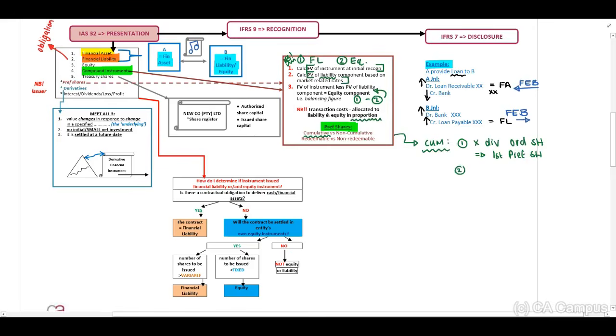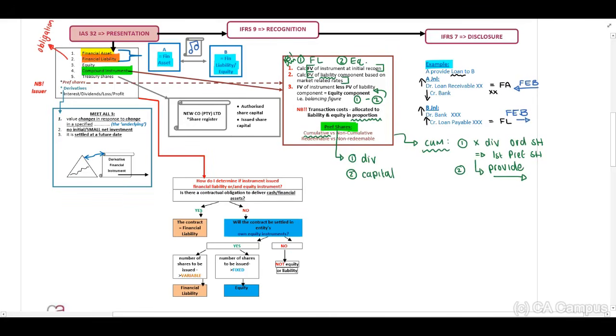Number 2, if we have not yet recognized and declared dividends to our preference shareholders, we need to provide a liability. Why? There's an obligation that we need to pay our preference shareholders. Therefore, it is important that you identify that preference shares have 2 cash flow streams. The one relates to our preference dividend and the second to our capital portion.